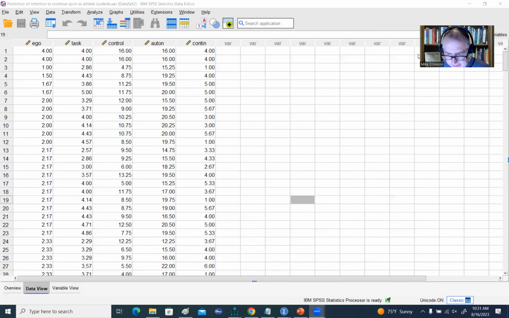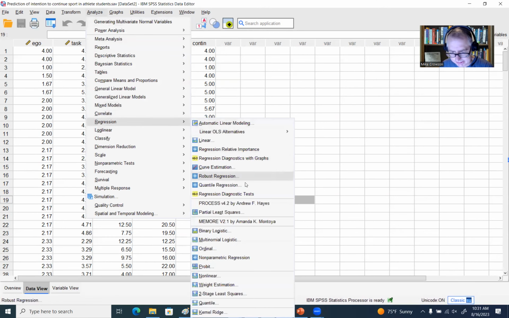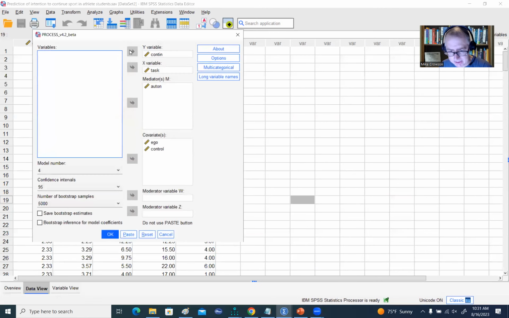Okay, so let's go ahead and run this particular analysis. We're going to go to Analyze, Regression again, as usual, go under Process, and instead we're going to take the covariates out of this box, and we're going to move the control variable in, our controlled motivation, in as a mediator. So this is our parallel mediation right here.